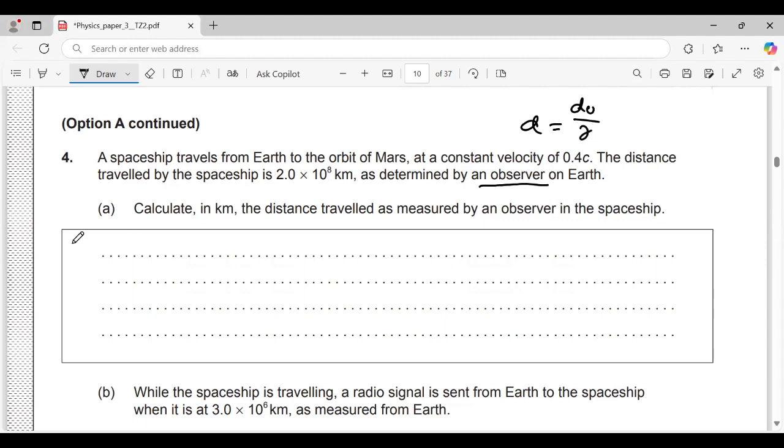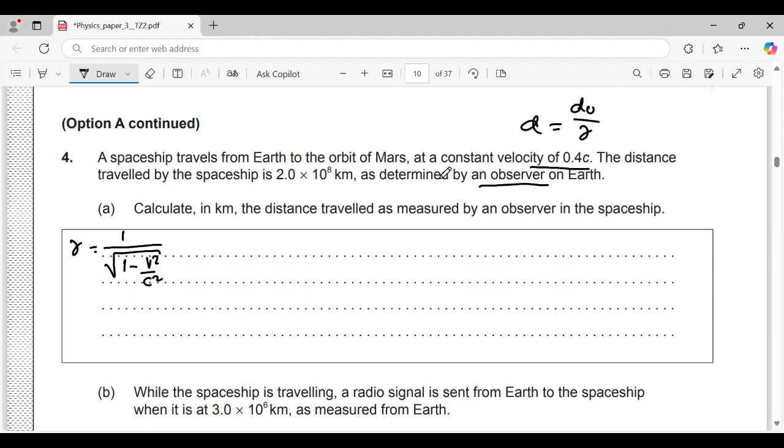So the first step, we need to find the Lorentz factor. Okay, the Lorentz factor formula is 1 over square root of 1 minus v squared over c squared. v is the constant velocity, this one, 0.4 c. c is the speed of light.